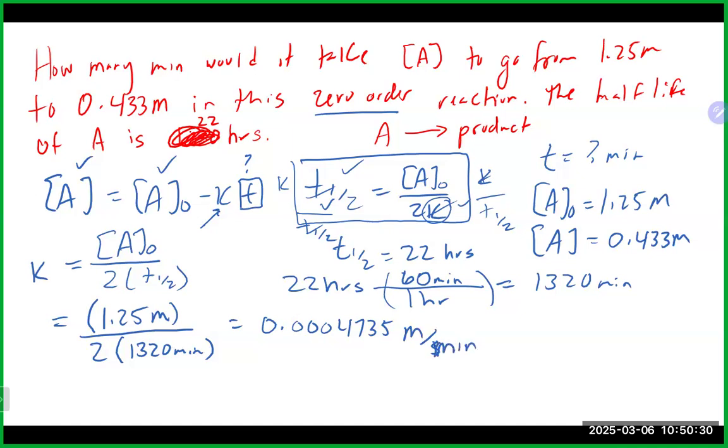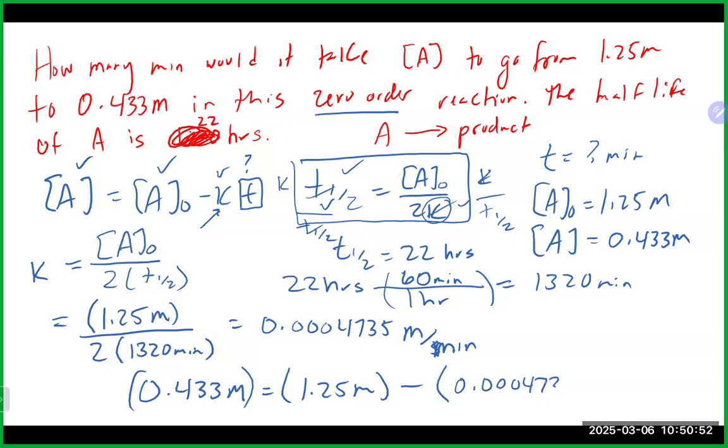At this point, we now have everything we need to solve for what we're really looking for. So our final concentration, 0.433 molar. Our initial concentration there, 1.25 molar. Our K value there, 0.000475 molar per minute, and our time.